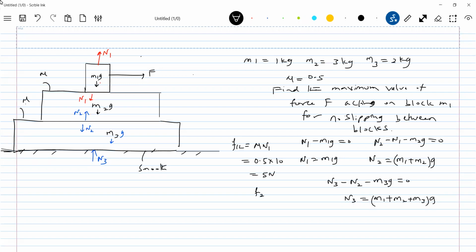Similarly, limiting friction at the second and third surface should be equal to mu N2, 0.5 times the value of N2, which is M1 plus M2, 40 Newton. This will be 20 Newton, F2L. I think these values are very important. In all our numericals, we'll be taking help of this data.